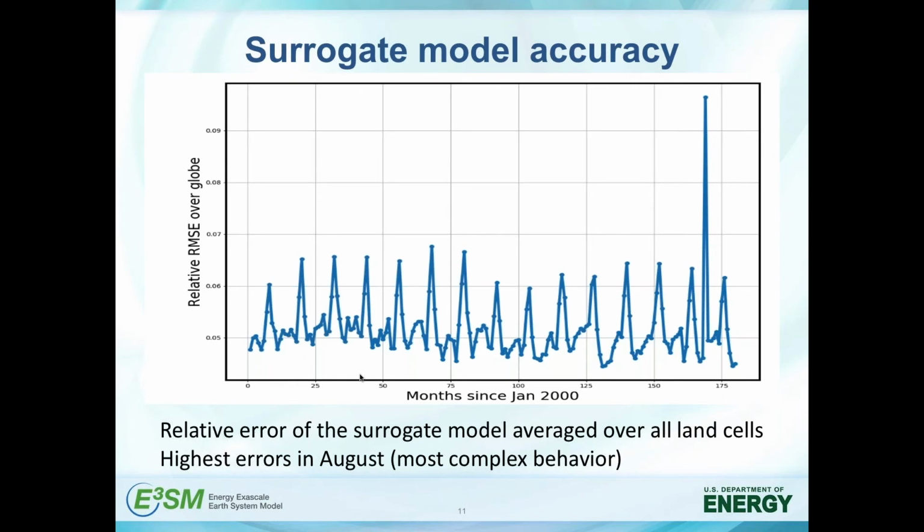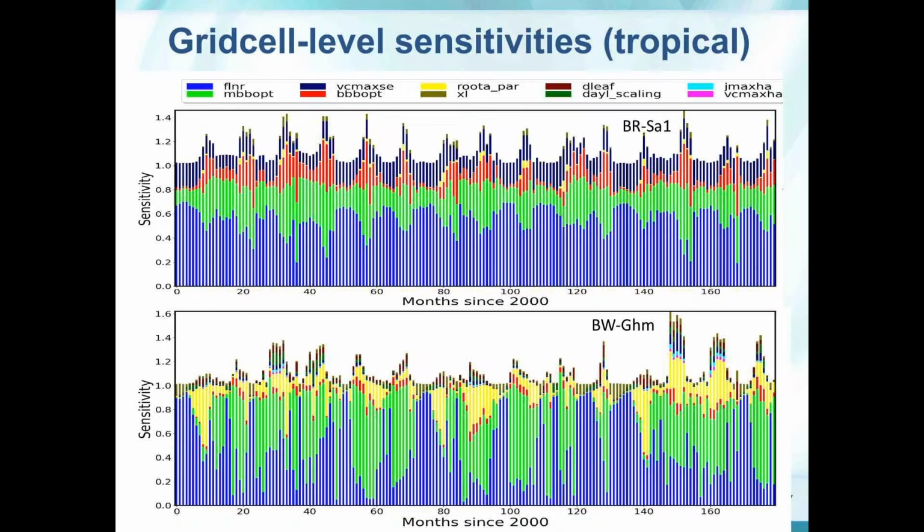We can take that surrogate model and begin to do some analysis on it. One of the first things we looked at were some single grid cell level sensitivities, and these are 2 tropical sites. Here at the top we're looking at a site in Brazil. Each bar plot represents a month, and we have 180 months in total that we're looking at. So we can see the relative influences of different parameters and how they vary over time.